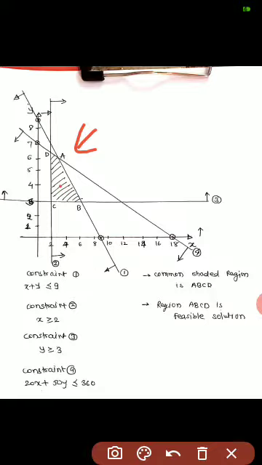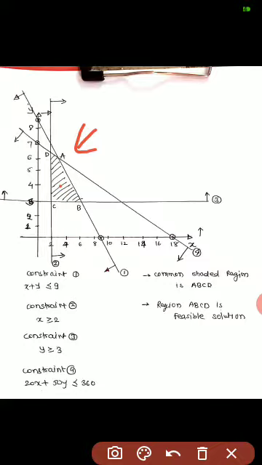But out of which there is only one point that will give us the optimum solution. And for this numerical, we have to get the maximum total profit. Therefore, whichever point in this feasible region gives the maximum profit, that is our optimum solution.